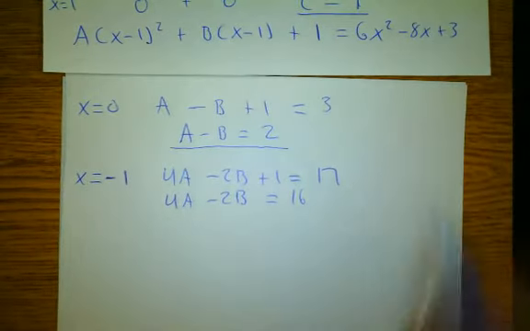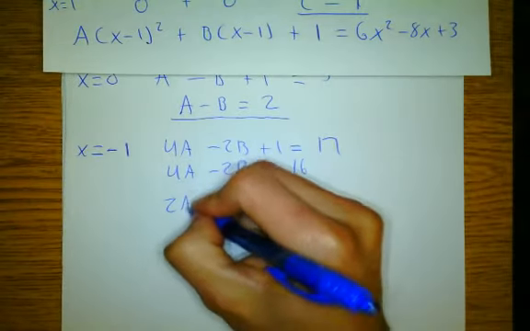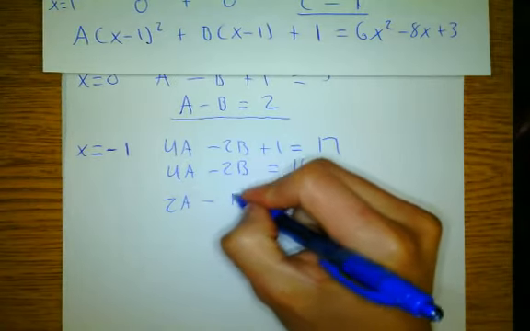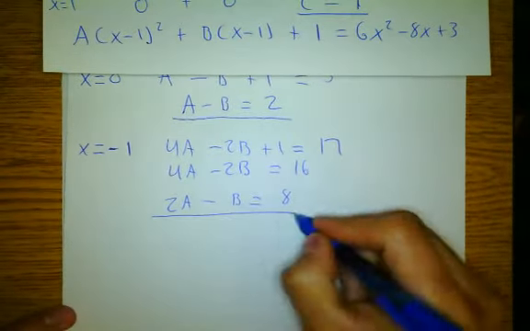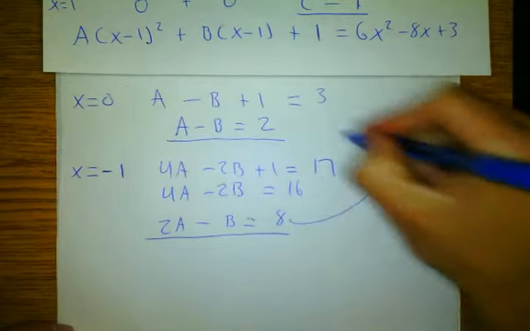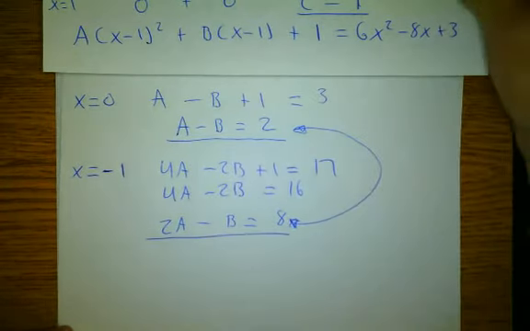So I have this equation, and this equation right here. What can I do with them? System of equations, right? We can either subtract or, yeah, we have to subtract these ones, right? So A minus B equals 2, minus 2A minus B equals 8.